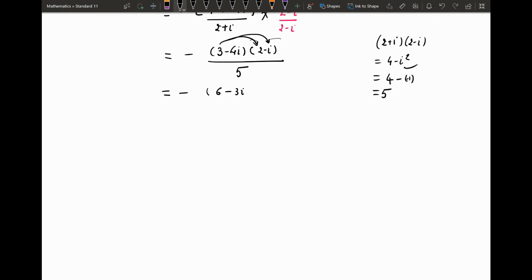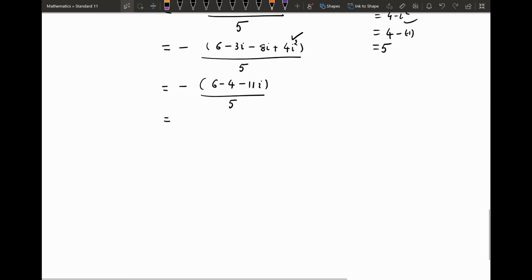Now in numerator, ordinary multiplication: 3 2s are 6, minus 3i, 3 into 2 minus 3i, minus 4 into 2, 8i, minus minus plus 4i square. Now simplification. i square is minus 1, so 6 minus 4, and minus 3i minus 8i, so minus 11i upon 5.